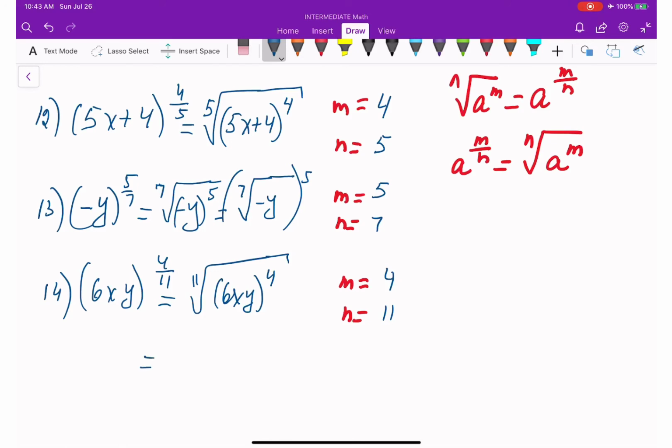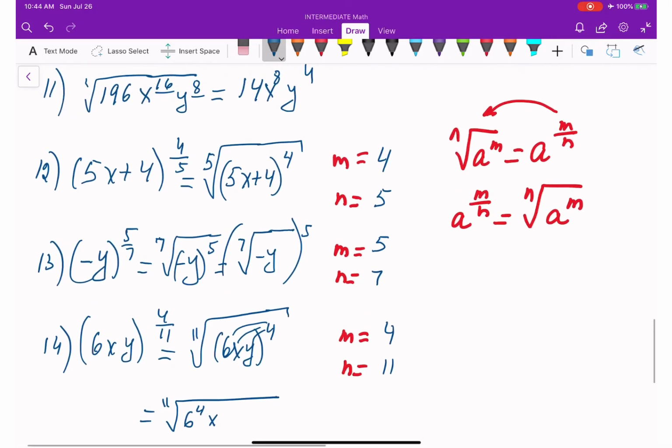This is going to be equal 6 to power 4, x to power 4. Remember, we can distribute. We could not distribute in the previous case because 5x plus 4 is considered one term only. That's why, guys. It's considered one term only.